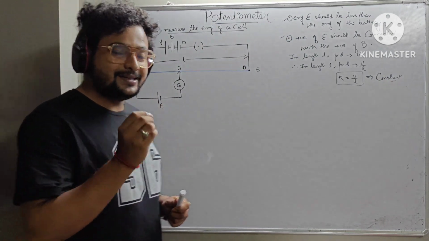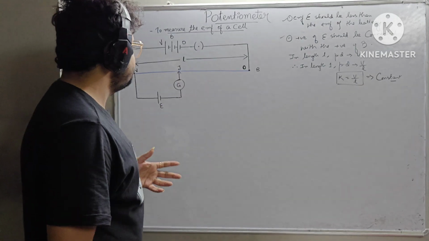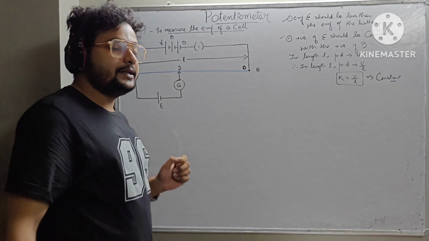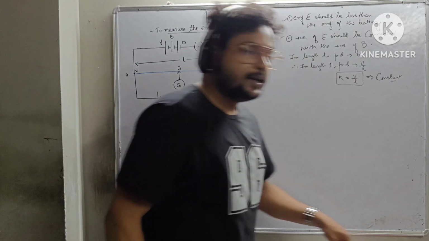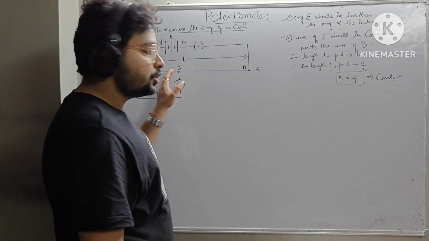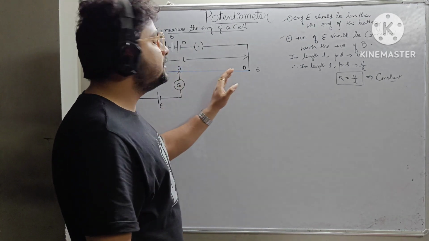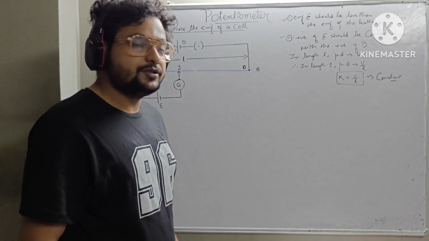You have to understand the basic concept. Over here we have connected a galvanometer. First, what you have to do is touch this jockey at various points in this wire.